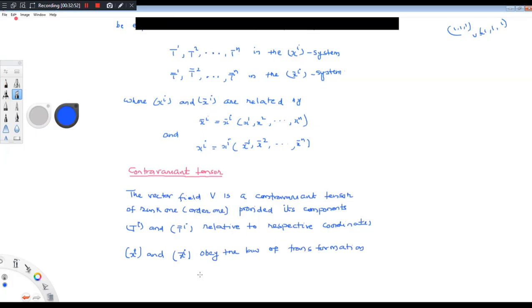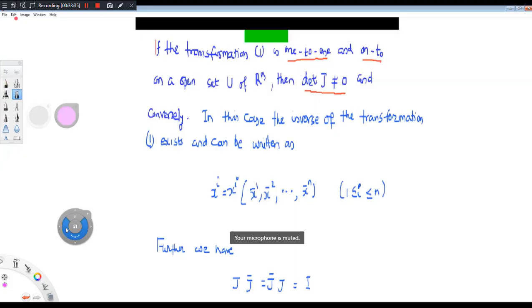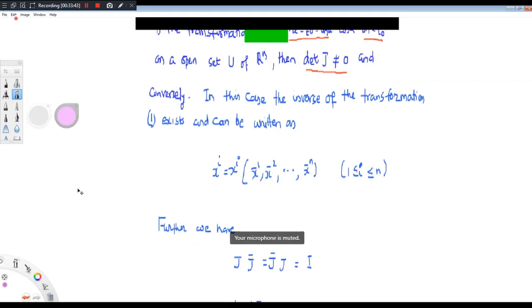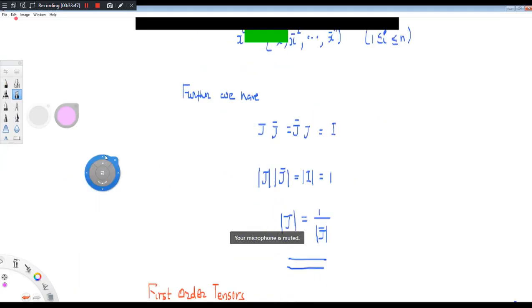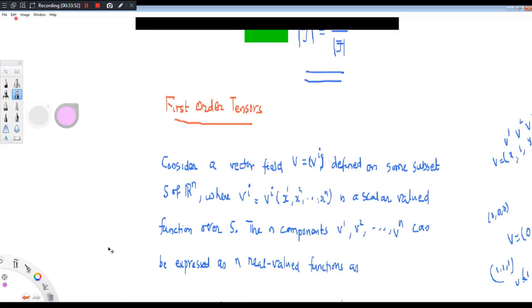Law of transformation. T bar I. Let me write it with a different color. T bar I is equal to Tr del x bar I by del xr, for 1 less than or equal to I less than or equal to n.